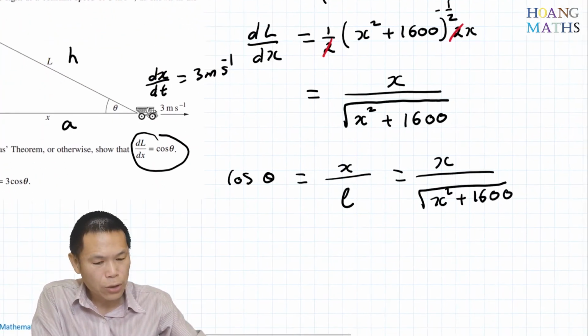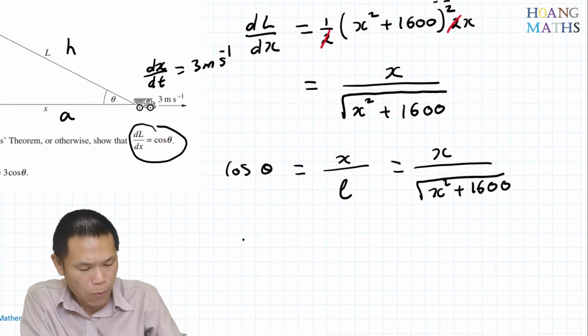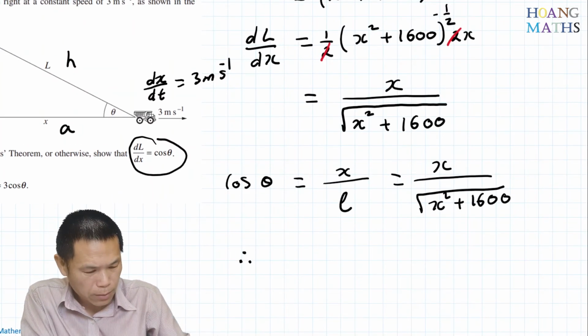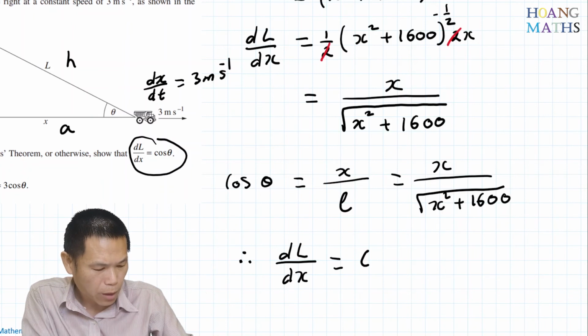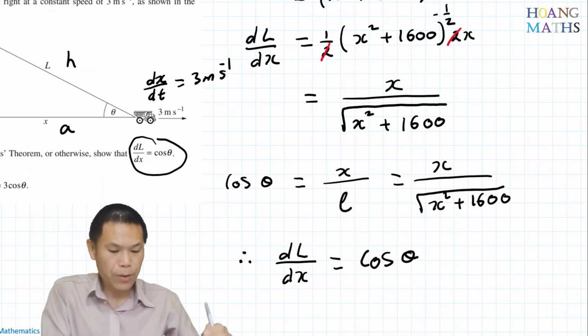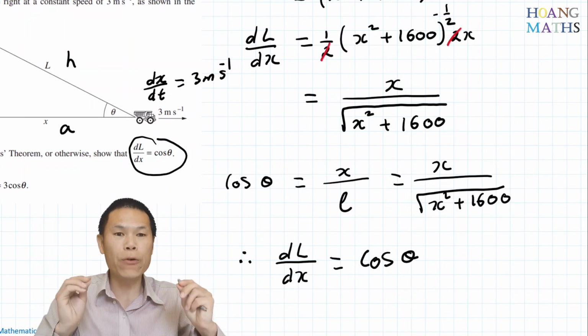There you go. So therefore dL/dx is equal to cos of theta. I hope you got it correct.